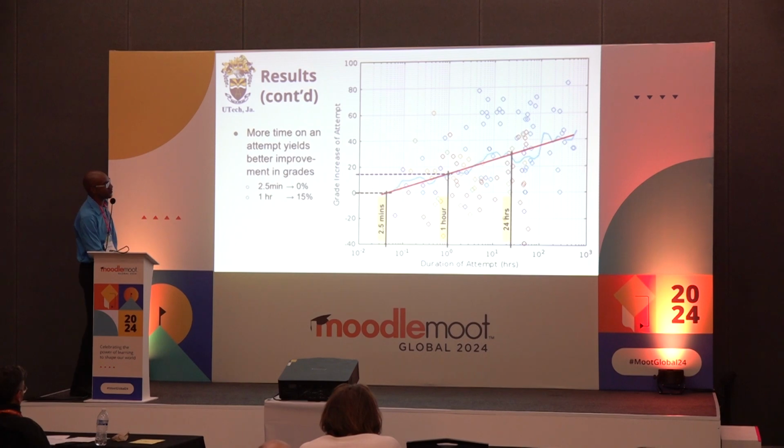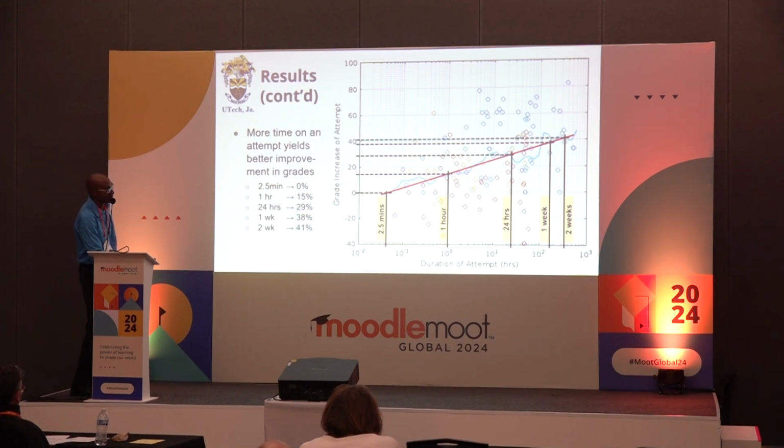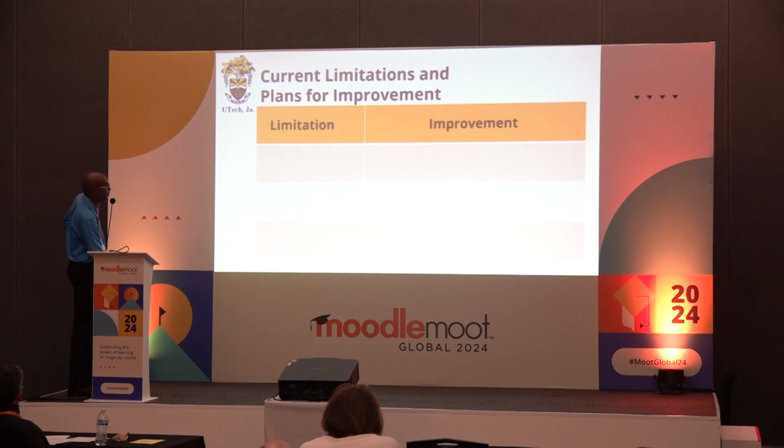Gave themselves 24 hours, their grade likely will be twice as good as those who gave themselves an hour. A week, up to almost 40%. And then after that, we see diminishing returns. So you go forever, you still won't get it up much more.